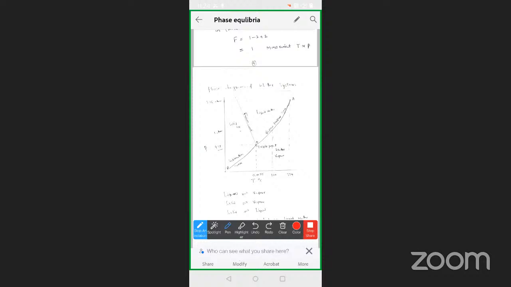And this point O is a triple point. OA represents the vapor pressure curve, OB represents the sublimation curve, and OC represents the fusion curve.